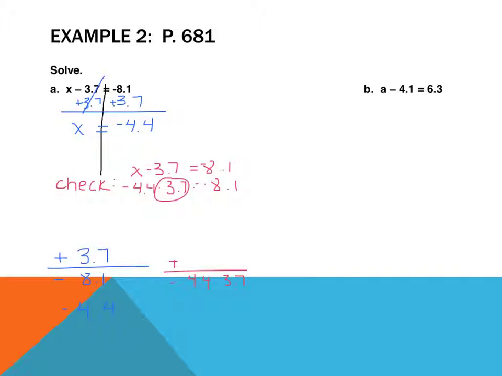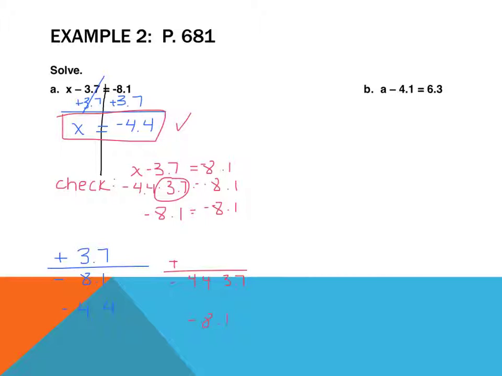So in this case, I do not have opposite pairs to cancel out, so I need to add the 4.4 and the 3.7, which is negative 8.1, which means that my negative 4.4 was correct.